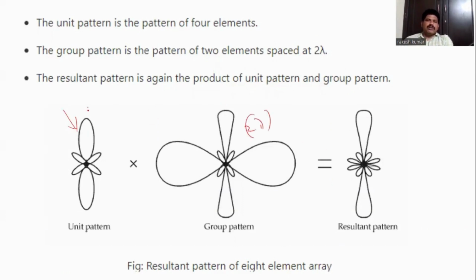Here also, in this direction I am getting maximum radiation, and in this direction I am getting maximum radiation. Whenever there is maximum radiation in both, in the product we will get maximum radiation. Here null is there, here maximum, so cancellation takes place and no radiation will take place. So this is the radiation pattern of 8 elements separated by lambda by 2.